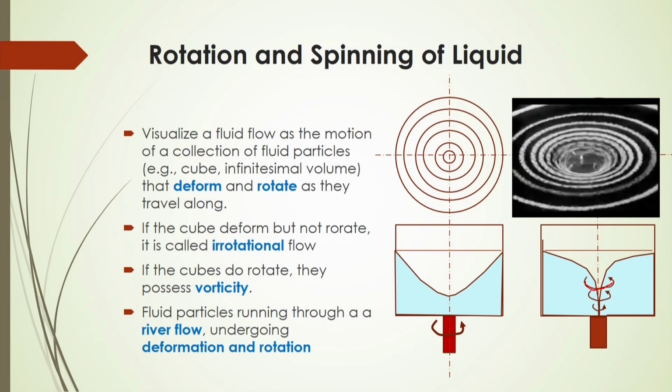Here this is the vortex, and it rotates in this particular direction. And if the cubes do rotate, then they form vorticity. For fluid flowing in a river, you will see sometimes a formation of vorticity that undergoes rotation and deformation.